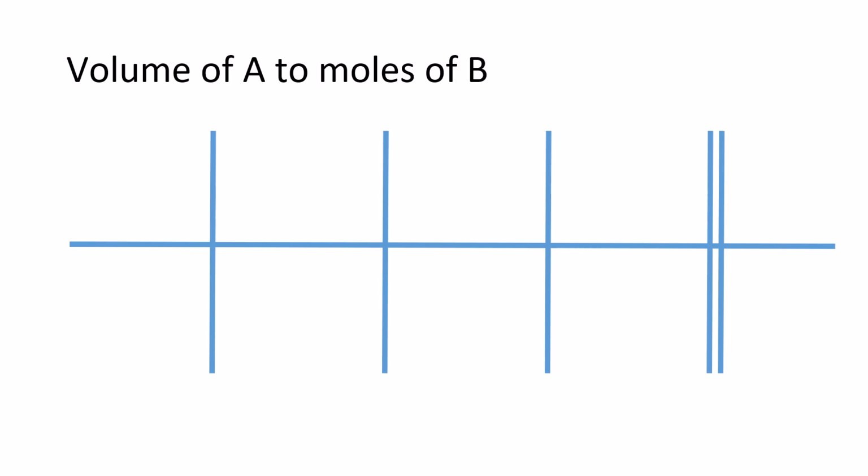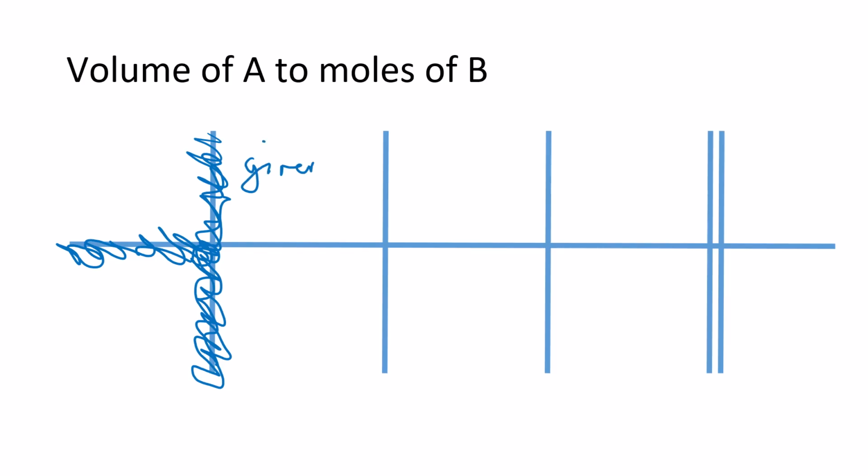This last one here, volume of A to moles of B, technically you only need 3 fractions, or a setup of 3. So let's say it's some given liters of A over 1, and I want to get moles of B in the end.